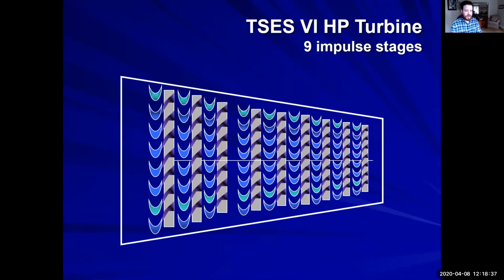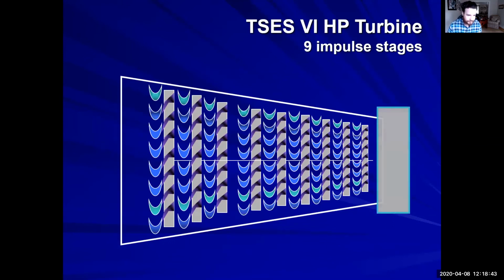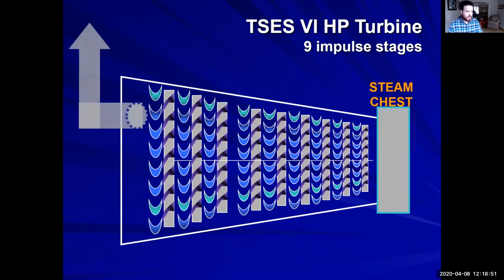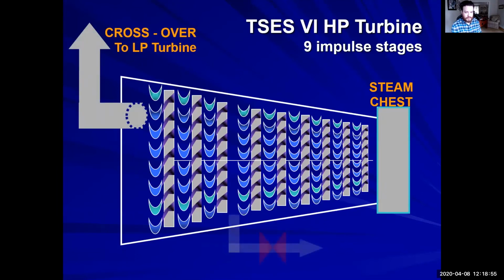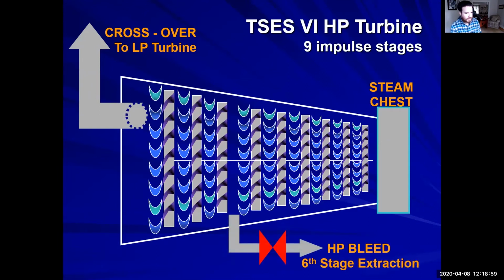So let's look at our high pressure turbine on the TSES. We have 9 impulse stages. We have what is known as a steam chest. This is where all the steam is entered. And there's our crossover to the low pressure turbine. Now we have another HP bleed, or the high pressure bleed. It's in the 6th stage.